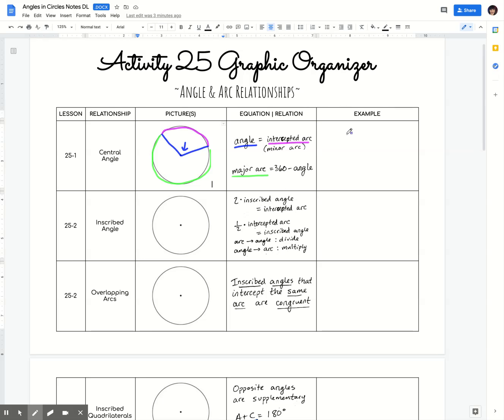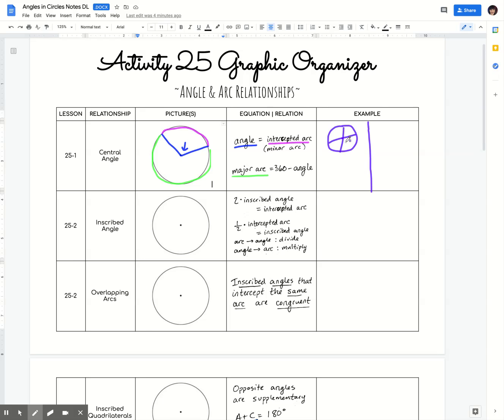I'm going to do a couple of examples. Let me attempt to draw a straight line down the middle here. My first example: here's my circle, and here's my center point. I'm going to have a line through like this and a line through like this.